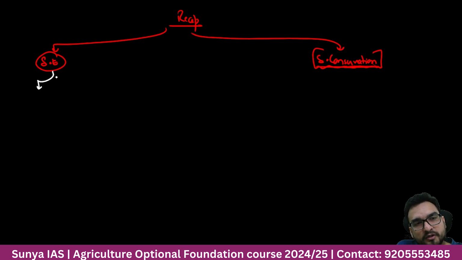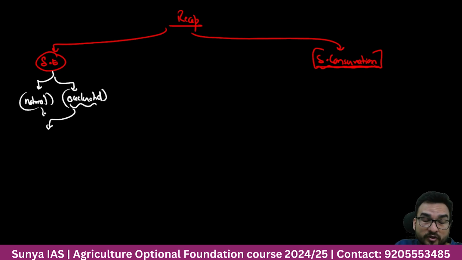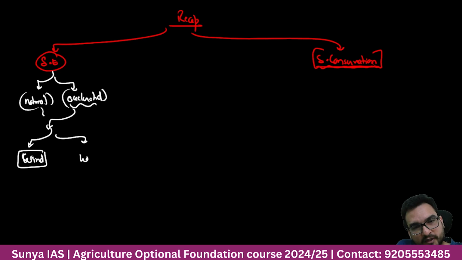We saw that soil erosion is of two types, right? One is natural, and the second one is accelerated. Now this accelerated is happening basically because of the agents, and natural is also happening because of some agents, and two major agents which we have seen are wind and water.